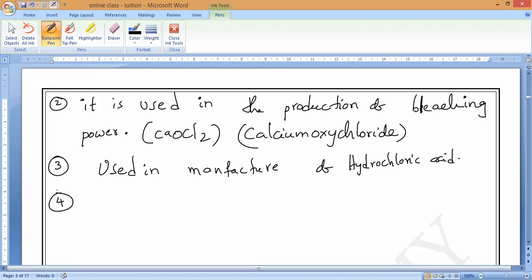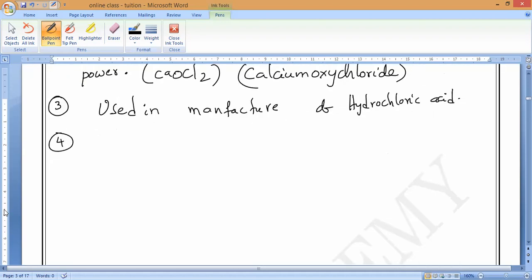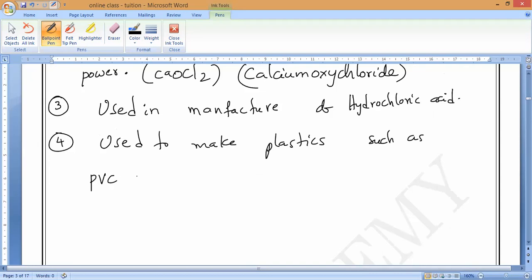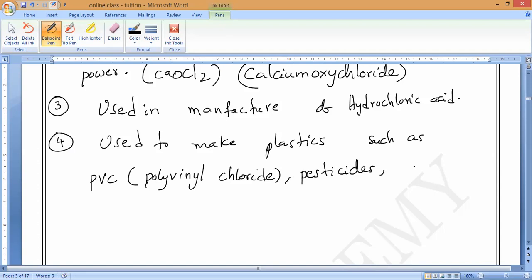Next one: used to make plastics such as PVC. What is the full form of PVC? Polyvinyl chloride. Next one: pesticides. What do you mean by pesticides?